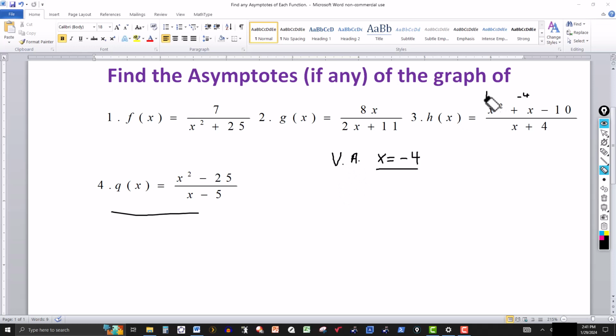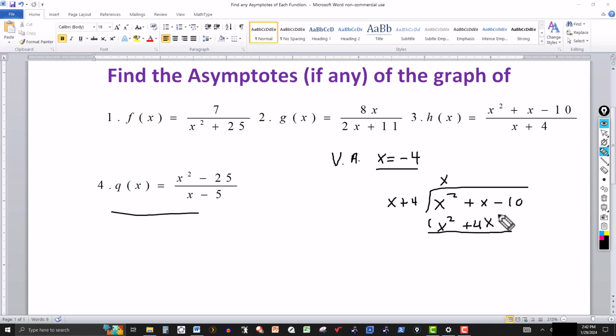And because the degree of the numerator is 1 more than the degree of the denominator, we have a slant asymptote. In this case, because the denominator is linear, first degree, we can use either long division or synthetic division. I'm just going to use long division. x plus 4: x into x squared is x, then multiply by x, x times x is x squared, x times 4 is 4x, and then we subtract.